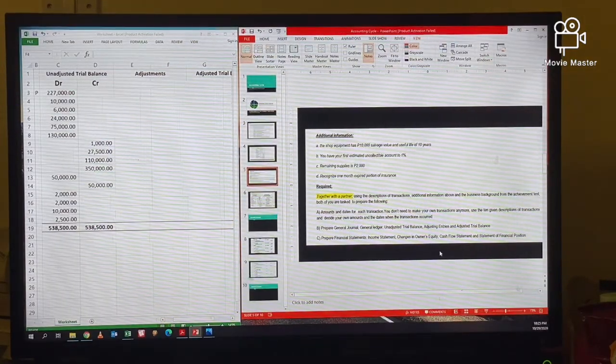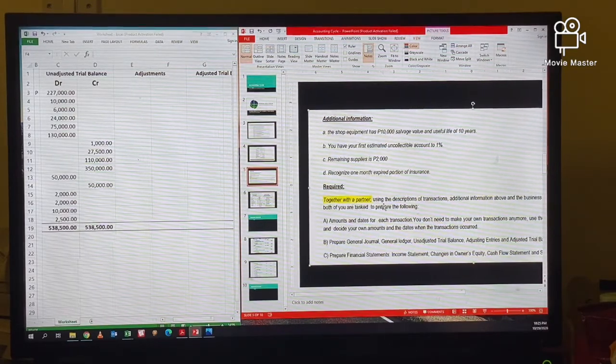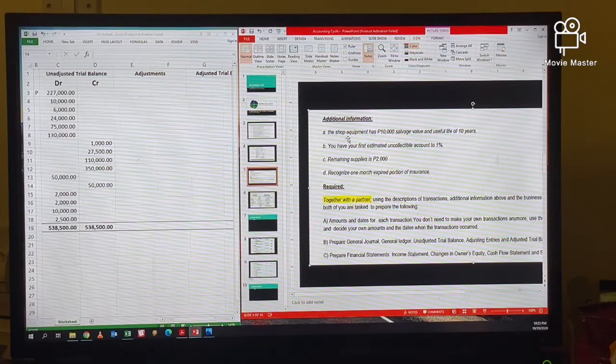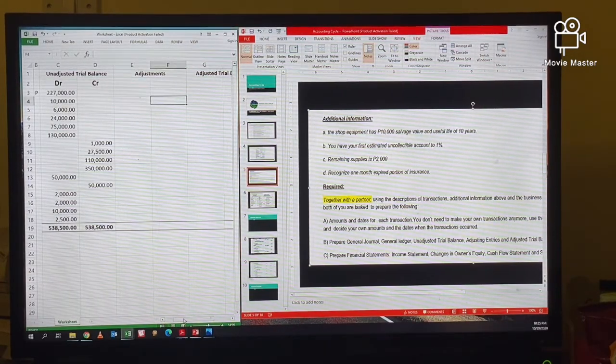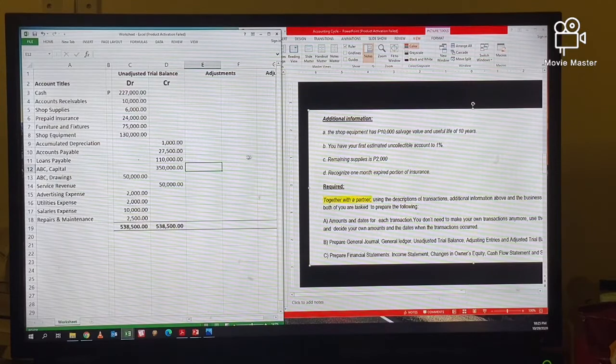Let's just enlarge that para makita nyo ng maayos. Okay. So, additional information. Ito yung gagawa natin ng adjusting entries. Okay. So, this is your worksheet. Okay. Basahin natin ng additional information.